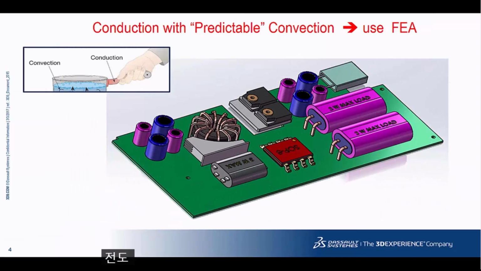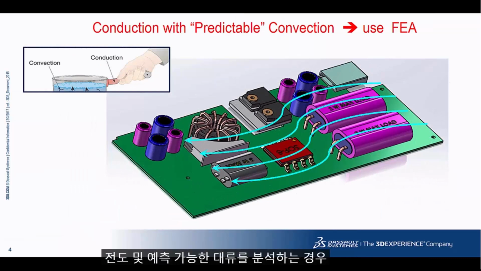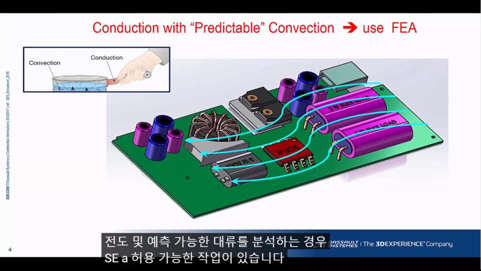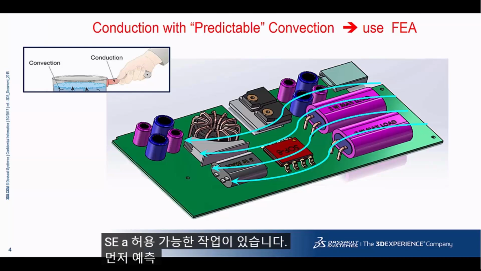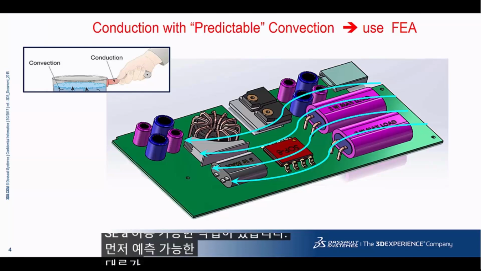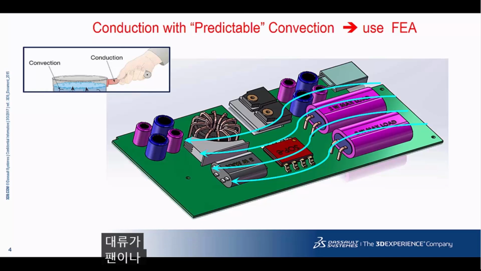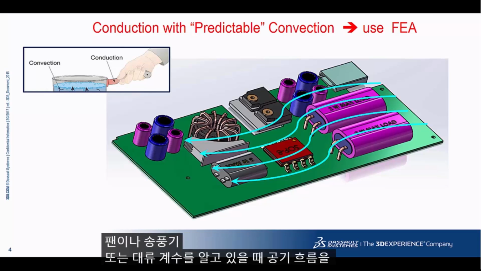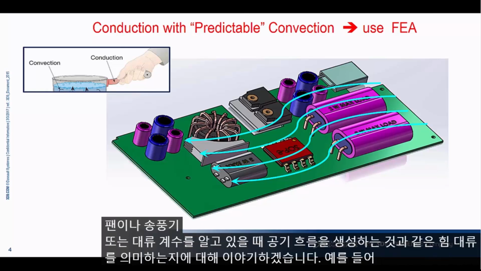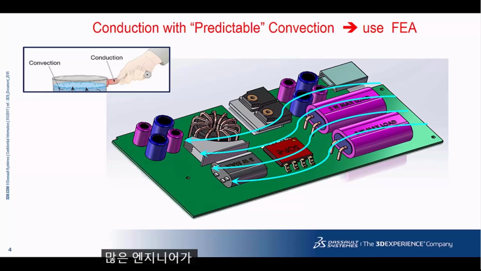If analyzing conduction and predictable convection, then FEA does an acceptable job. Let's first talk about what predictable convection means. It means forced convection, such as from a fan or a blower or anything that creates airflow when you know the convection coefficient, i.e. predictable.